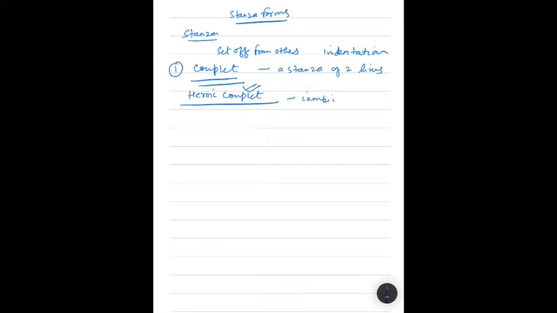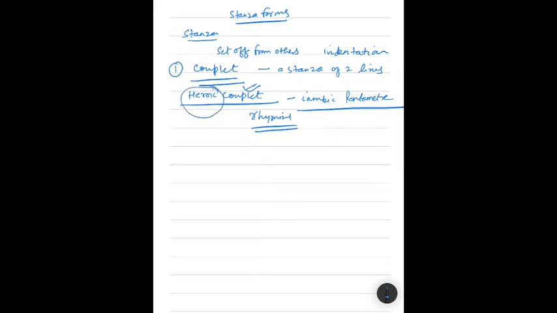2 iambic pentameter lines, and 2 iambic pentameter lines which are rhyming with each other. So a heroic couplet is a stanza of 2 iambic pentameter lines that rhyme together.